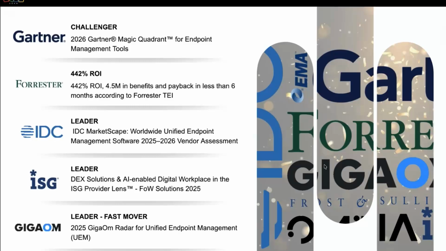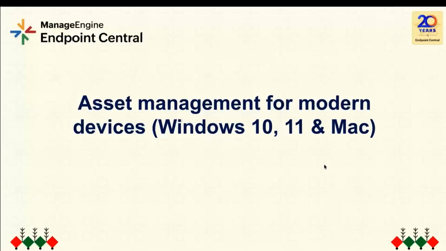We have been recognized by Gartner as a challenger, and Forrester, along with 42% ROI in terms of managing endpoints, and IDC and other platforms have also covered us. This information is publicly available, and you can also refer to the internet for compliance information data.